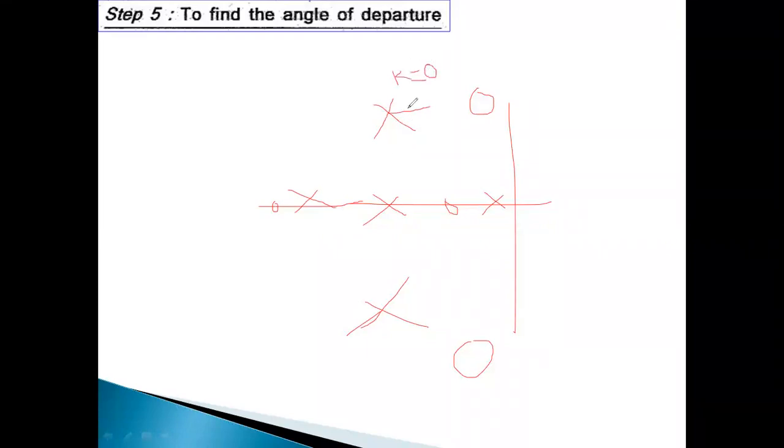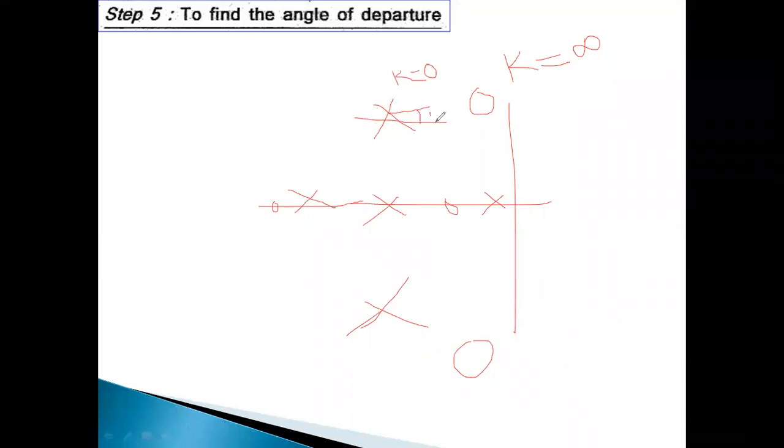That means when k is equal to 0, the root locus branch starts, and finally when k is equal to infinity it ends at open loop zeros. So it starts at open loop poles and finally ends at open loop zeros. How does it start?